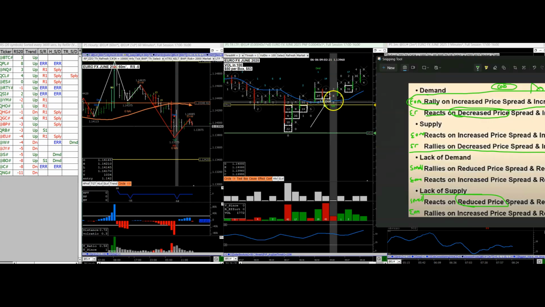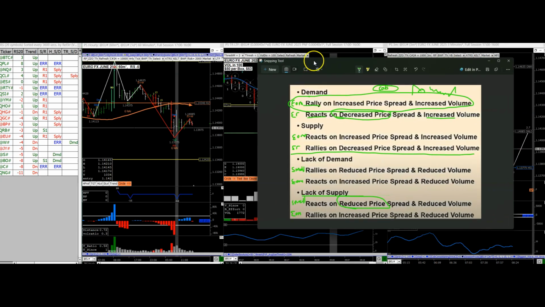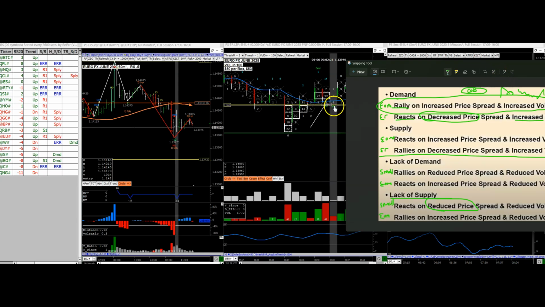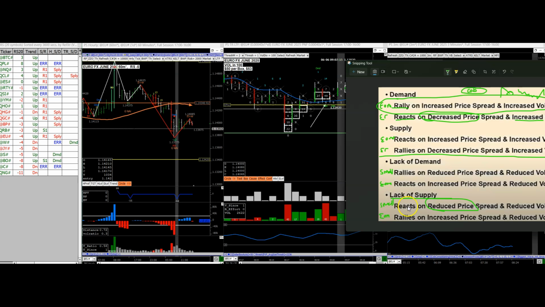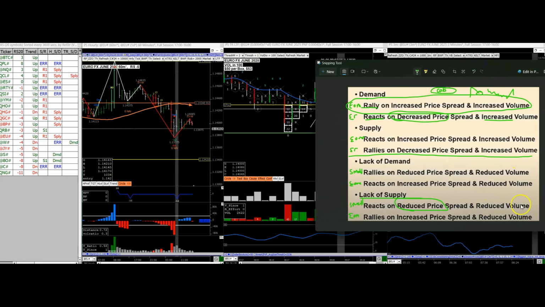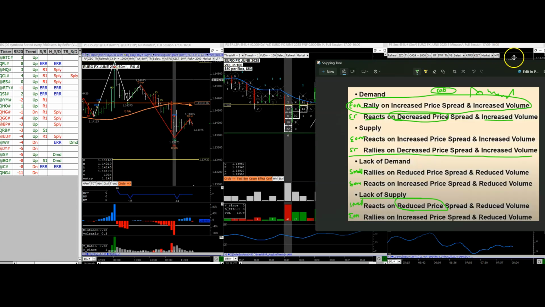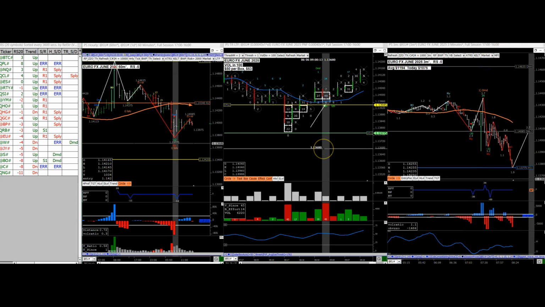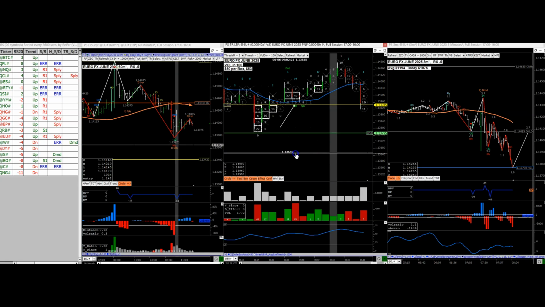The other situation, well, we'll take a look at this second springboard here. What is it? Well, first we have demand on increased price spread and volume, and then the second one is a lack of supply because it reacts on reduced price and reduced volume. Bullish. All right. So the situation is pretty clear.